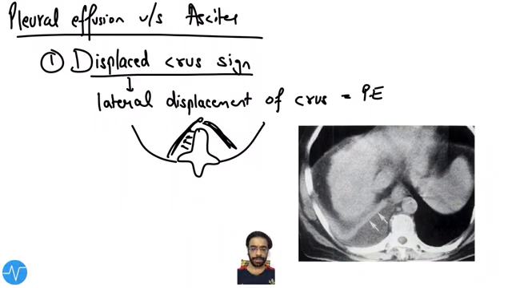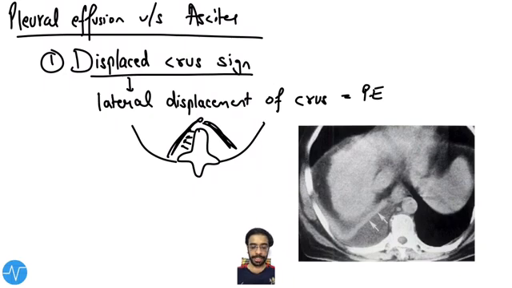The crus of the diaphragm is usually attached to the vertebra. If there is pleural effusion, this crus will be displaced away, or there will be lateral displacement of the crus. As you can see in the diagram, the crus is being pushed away from the vertebra because of the fluid.